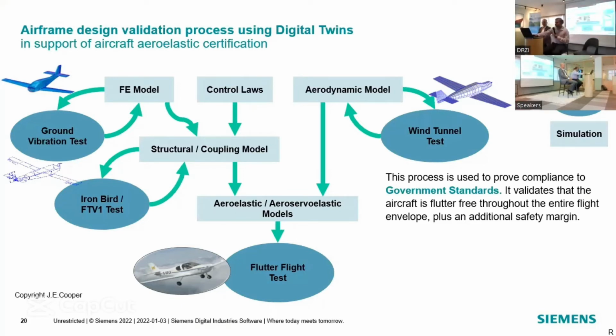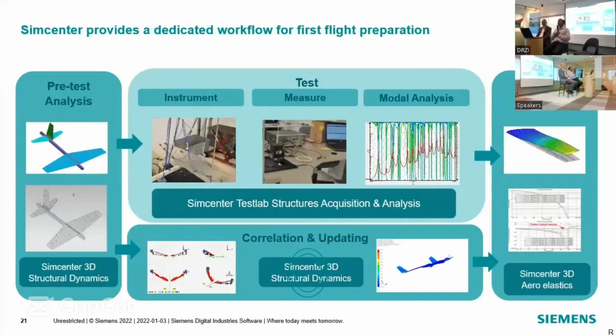So now I go into a little bit more detail on the test, right? When we talk about the simulation, yes, we know that this product is going to behave like this. This is the stiffness it's going to have, and the frequencies at which it's going to vibrate. But how do we make sure that this is confirmed?